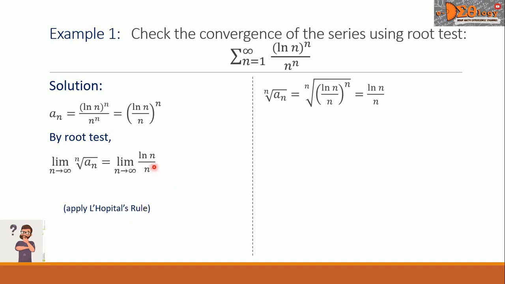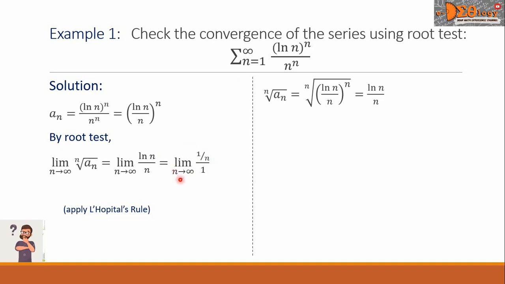It means we will take the derivative of ln n over the derivative of the denominator n. So we have now the limit as n approaches infinity of, in the numerator, the derivative of ln n, which is 1 over n, all over the derivative of n, and that is 1.